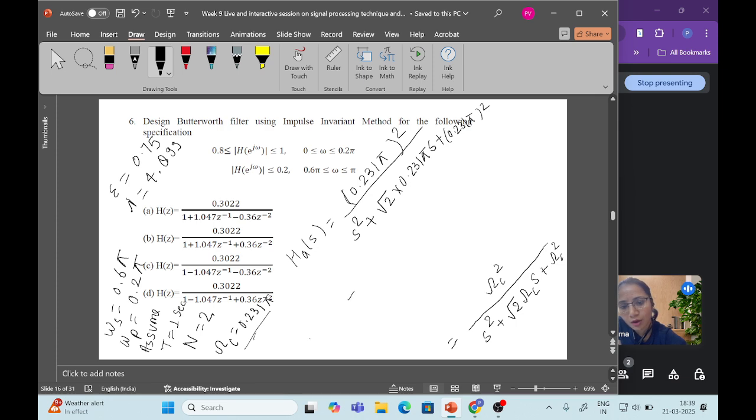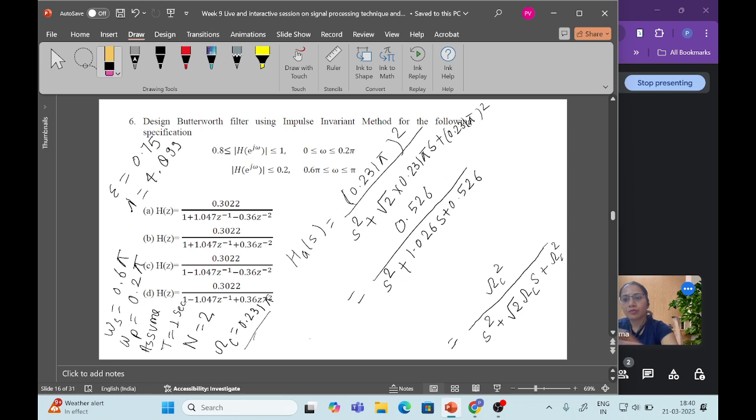Now if you further calculate all these values, you will get 0.526 in the numerator, then s square plus 1.026 s plus 0.526.